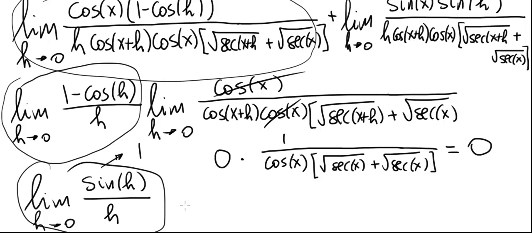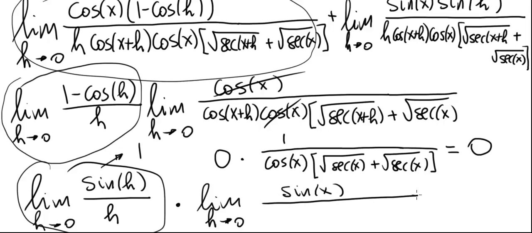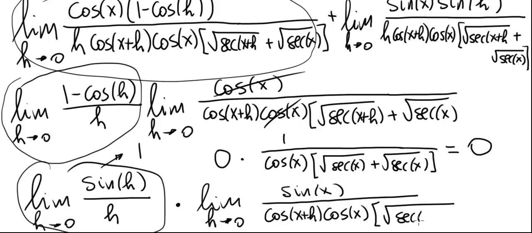And so the remaining answer will be the limit as h goes to 0 of sine of x in the numerator. In the denominator we have cosine of x plus h times cosine of x times the square root of secant of x plus h plus the square root of secant of x.